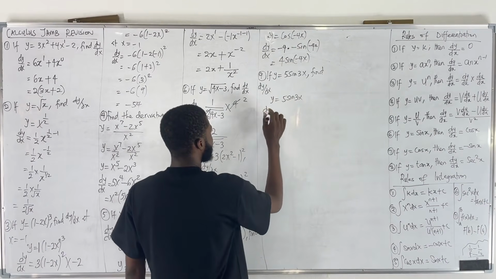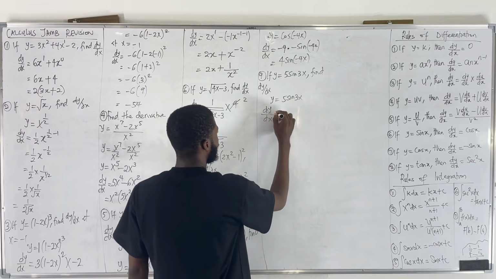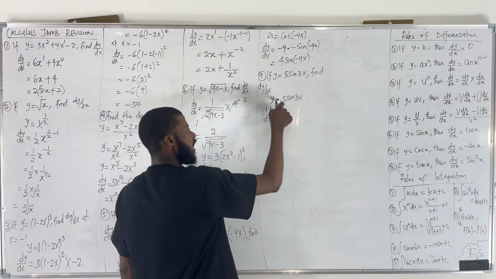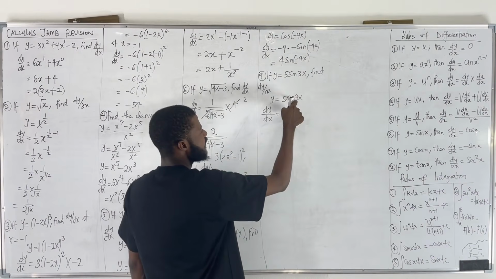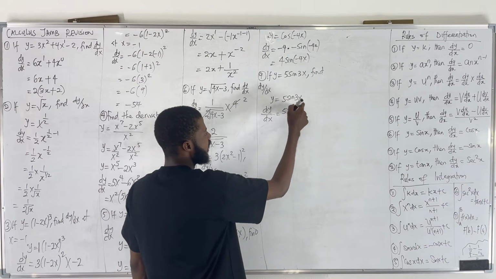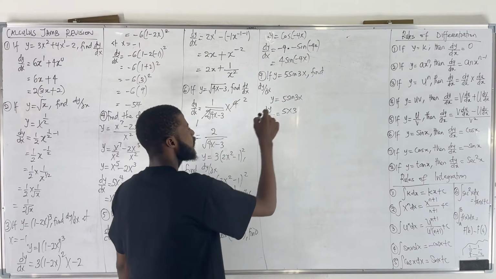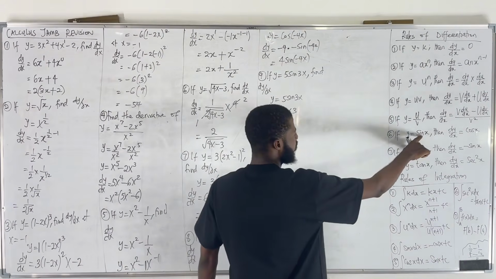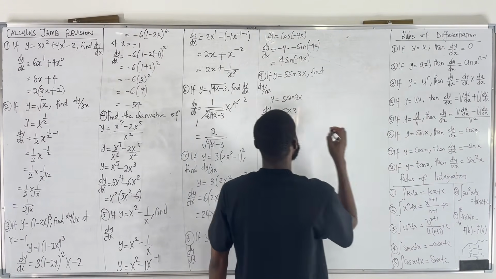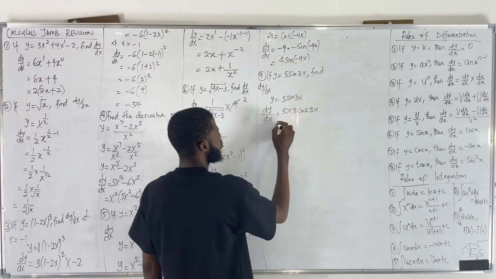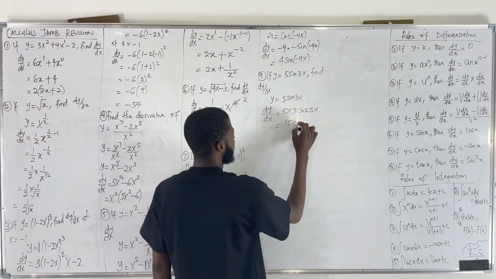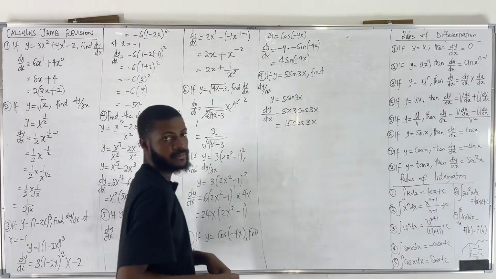So dy/dx would become, to start with, there's a 5 here. So I first have to write 5. Then times, this is 3x, the angle. Differentiate this 3x, what will you get? We get 3. Now this is sine. When you differentiate sine, you will get cos. So this will be cos. Then you put the angle back, 3x. So the answer for this will become 15 cos 3x.